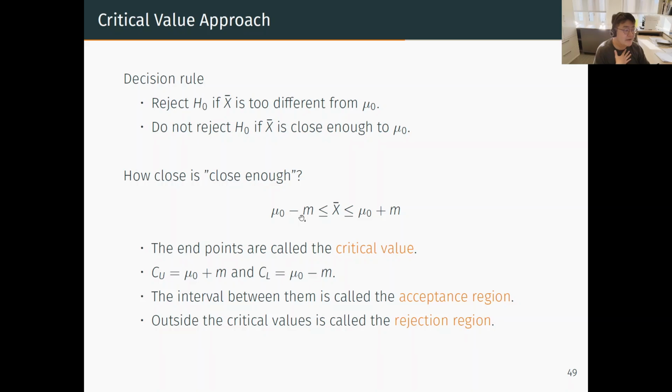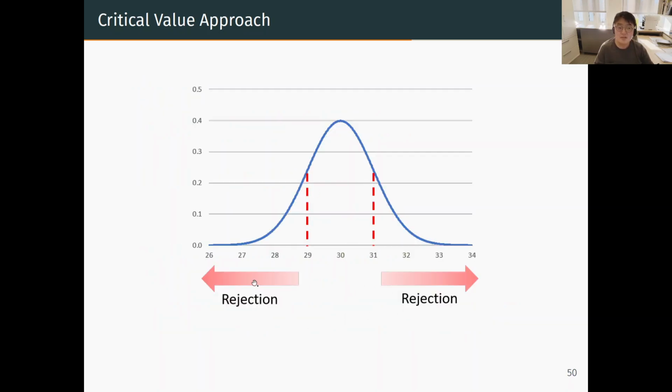The interval between those two critical values is called the acceptance region, where we accept the null hypothesis because the data is close enough to my hypothesis. Outside those critical values is called the rejection region. We reject because the sample average is different from the hypothesis by more than M. M is our standard.